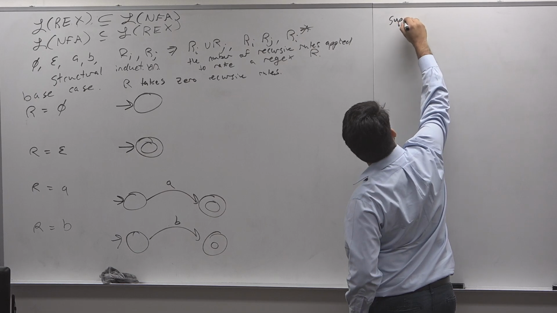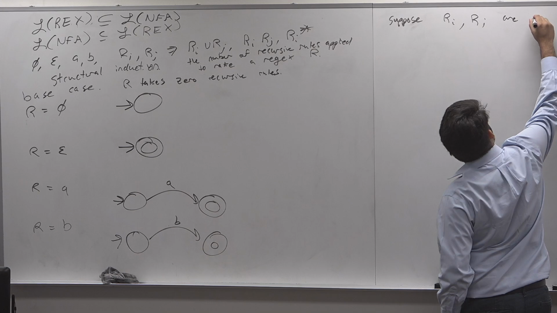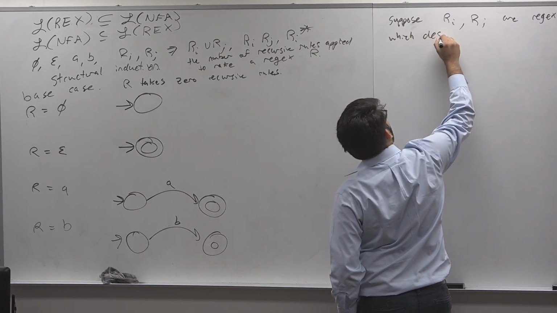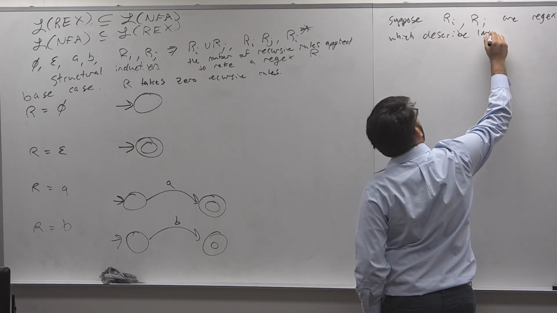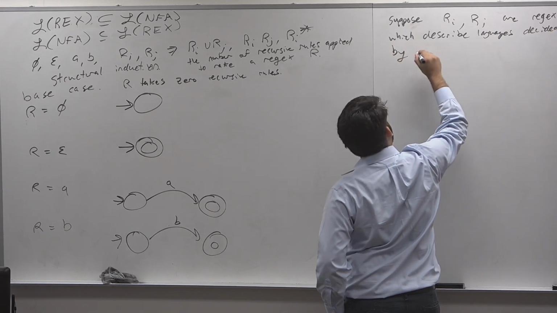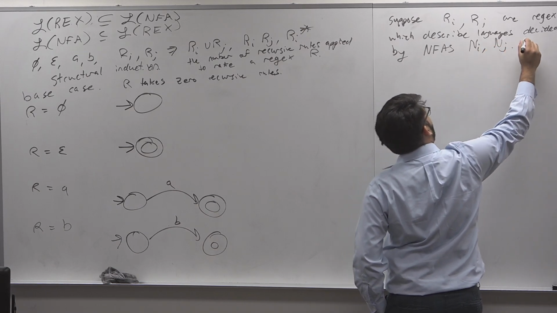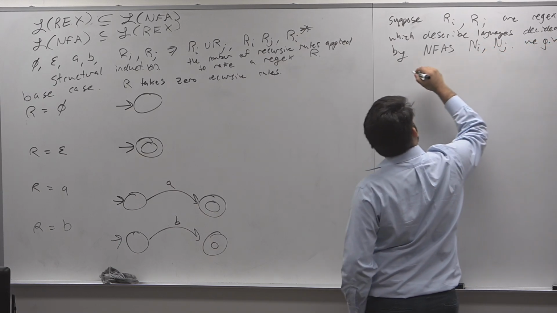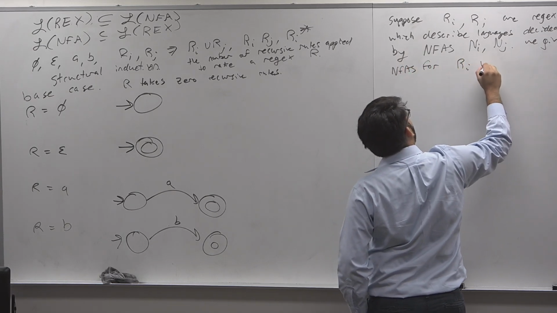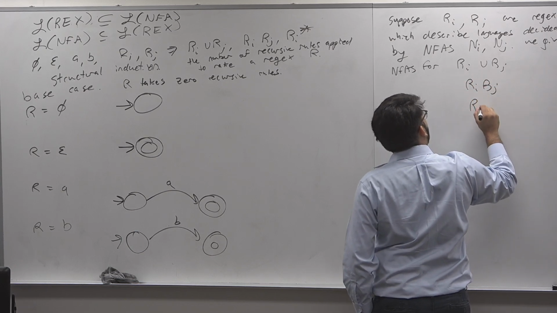Here's our structural inductive hypothesis: suppose Ri and Rj are regular expressions which describe languages decided by NFAs, Ni and Nj. We give NFAs for Ri union Rj, Ri concatenated with Rj, and then Ri star.